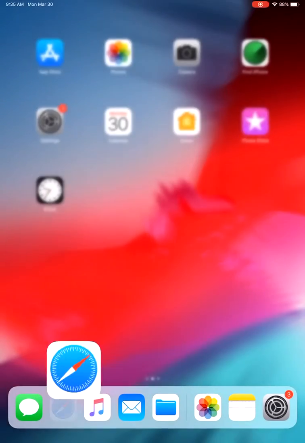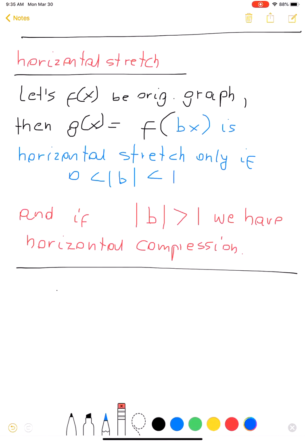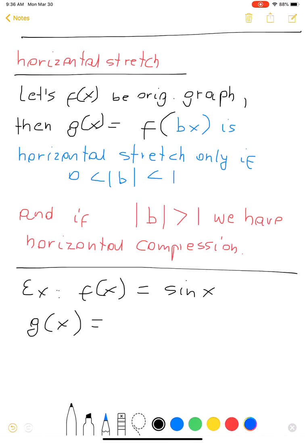So let me just write this down. Okay, so example, just going back to that PowerPoint example. And again, when we deal with horizontal compress or stretch, you see that a lot with trigonometric functions. So f of x equals sine of x, and then g of x equals sine of 3x.